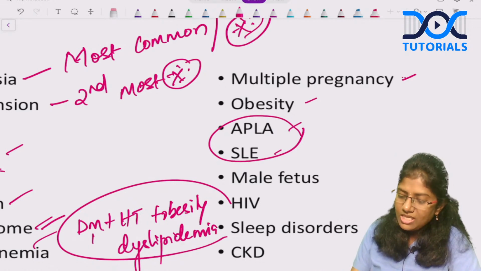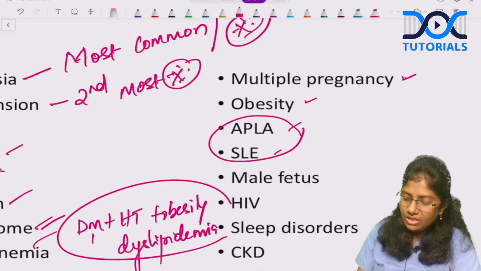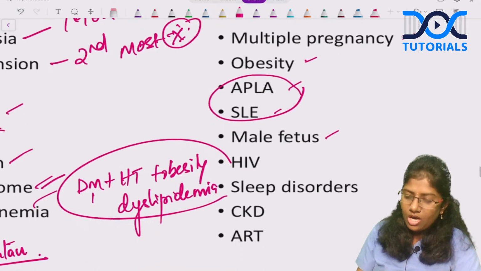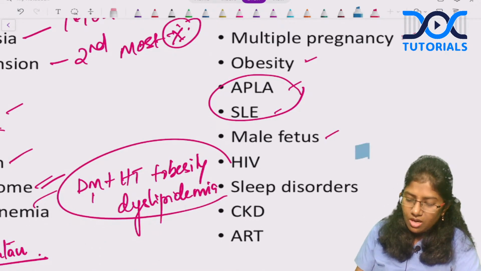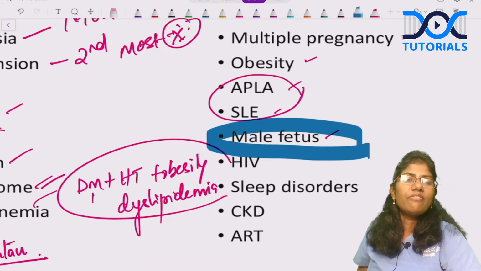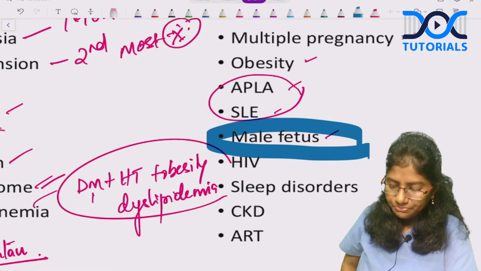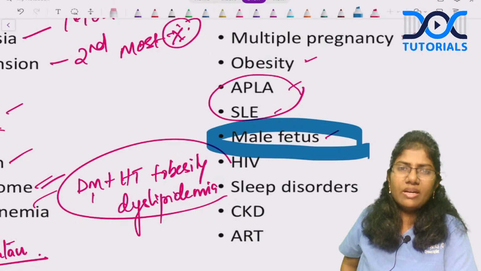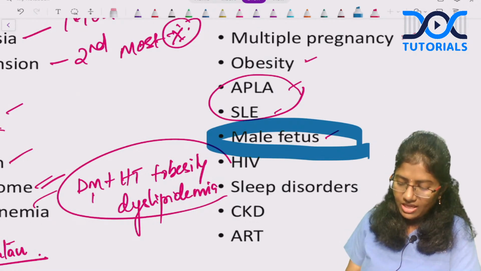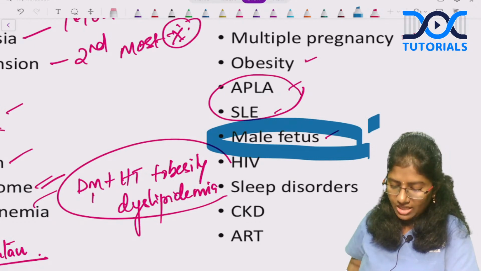Male fetus. I don't know how many of you are aware of this: carrying a male fetus itself increases the risk of preeclampsia. Despite all these risks, our Indian women are very fond of carrying male fetuses, right?